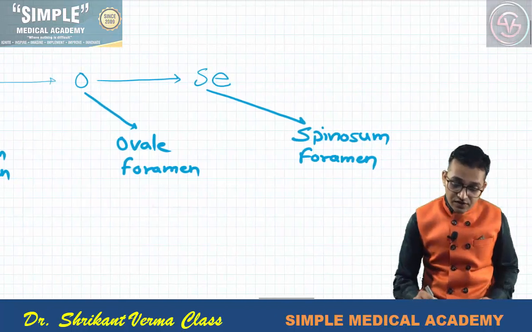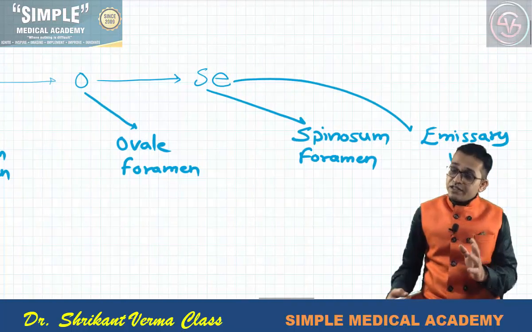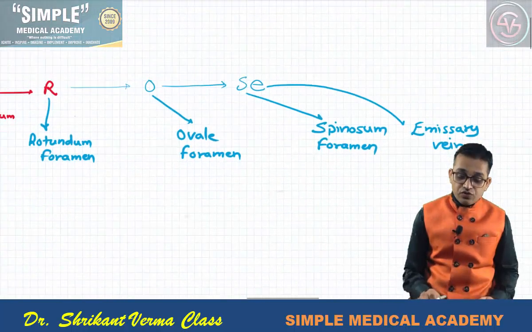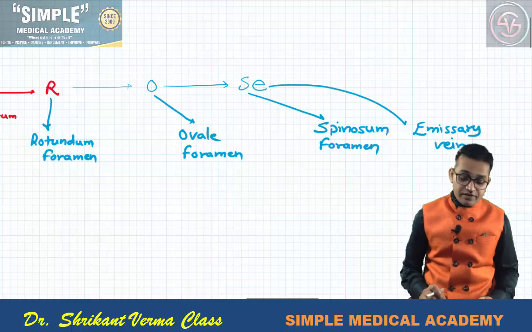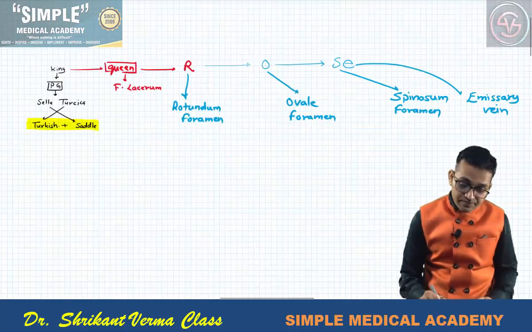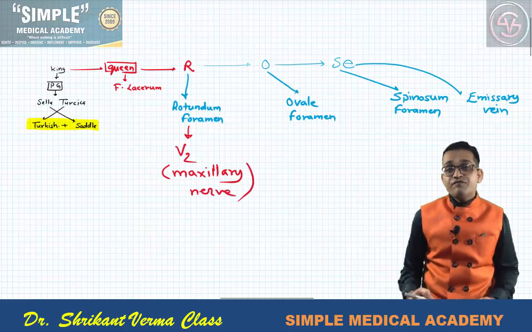Yes, this E word is indicating the emissary vein, which passes through the foramen spinosum. So now we are going to write down the important structures passing through these foramina. Yes, foramen rotundum passes the V2, or you can remember the maxillary nerve. Also you can say the fifth nerve, second division.